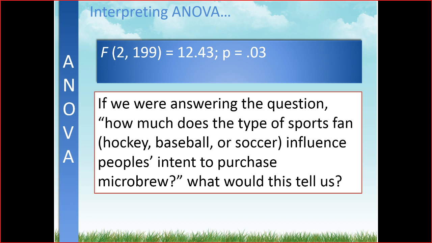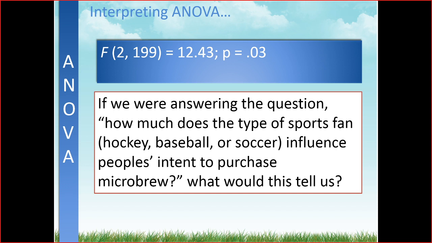That is the basic conclusion without post hoc tests that we can come to, that amongst our independent variable, types of sports fan, there is a significant difference. And that is as much as we can interpret from this finding alone.